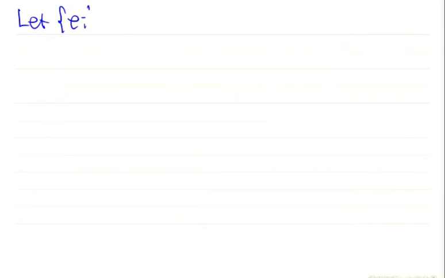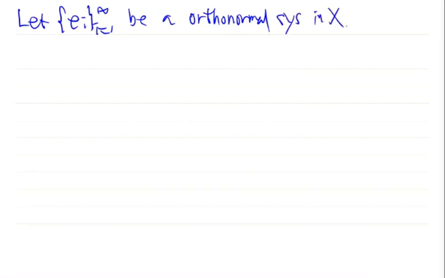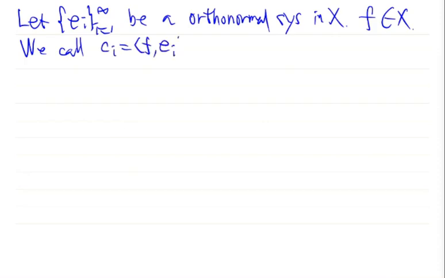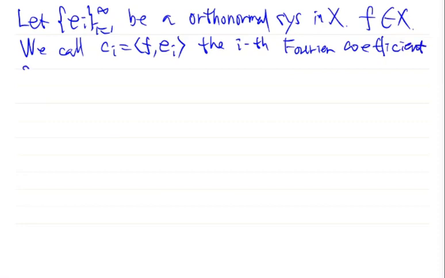Let ei, i from 1 to infinity, be an orthonormal system in X, and f is an element in X. We call the inner product of f with respect to ei the i-th Fourier coefficient of f with respect to the orthonormal system ei.